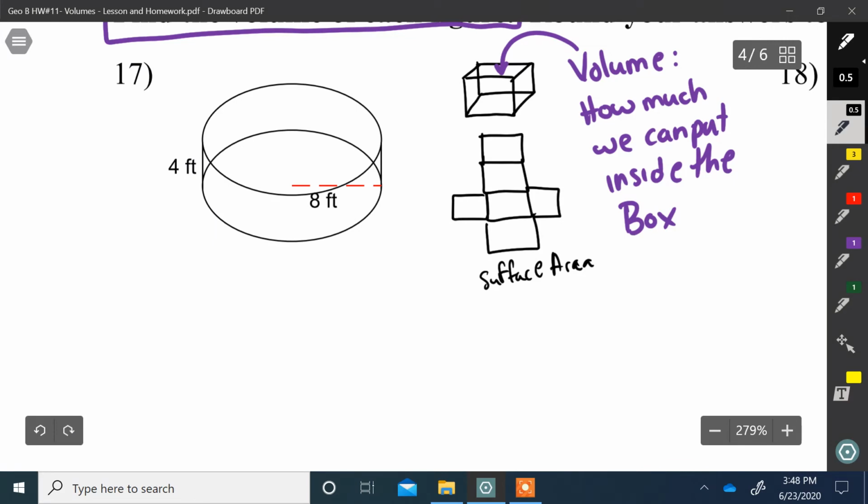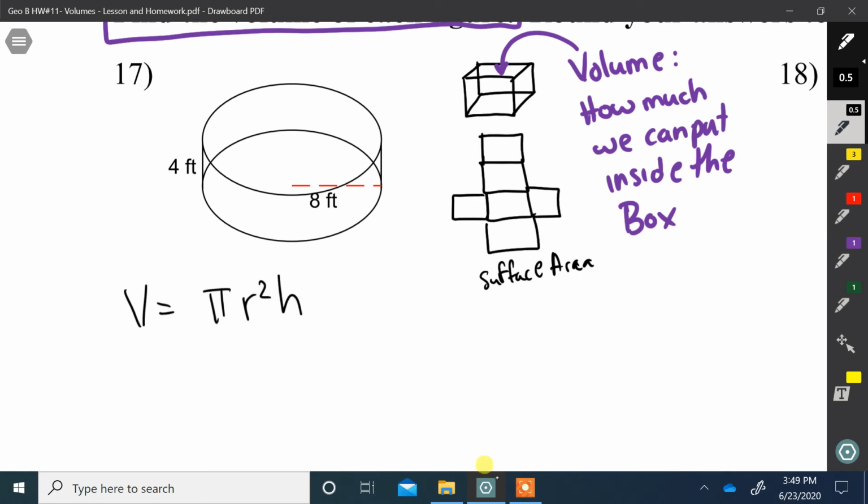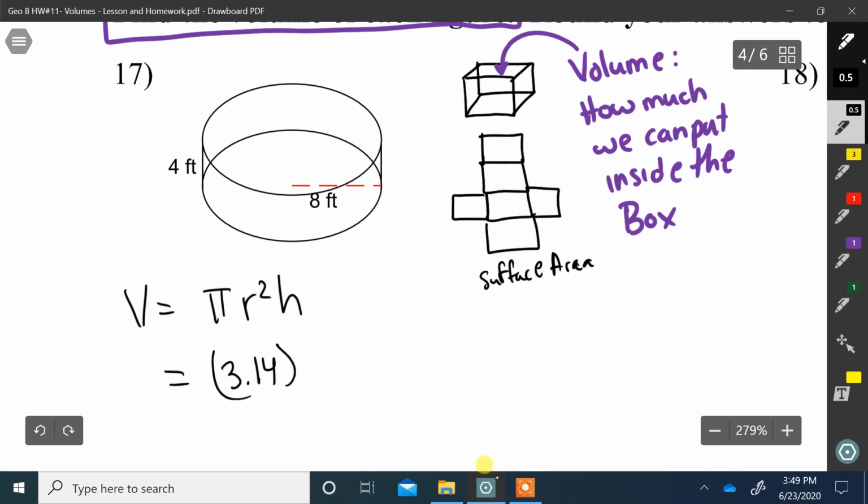The formula for this problem right here, the volume for a cylinder, is pi r squared times height. So it's 3.14 times the radius, which is 8 squared, times the height, which in this case will be 4.